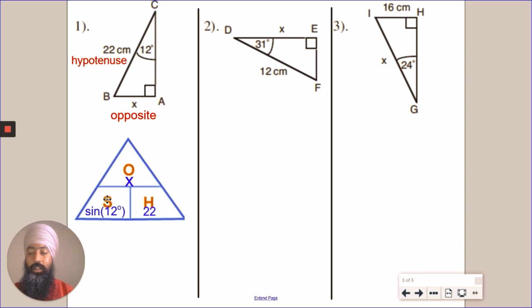The S stands for sine, so I write down sine of 12 degrees in this section of the triangle. As the S and the H are next to each other in the triangle, I will multiply them together to work out what O or x is. So the sine of 12 degrees multiplied by 22 will give me the missing side x.